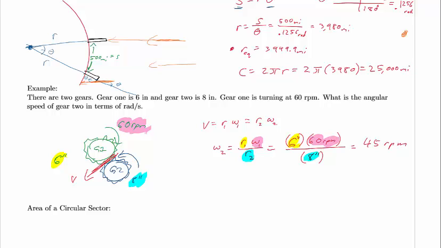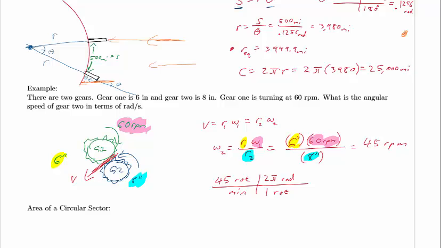And so we want this in terms of radians per second, so we need to do a quick conversion. So we have 45 rotations per minute. In one rotation, we have 2 pi radians. Okay?